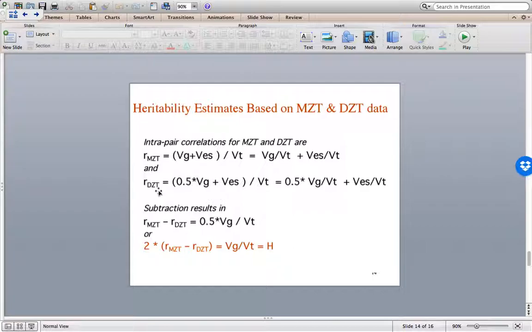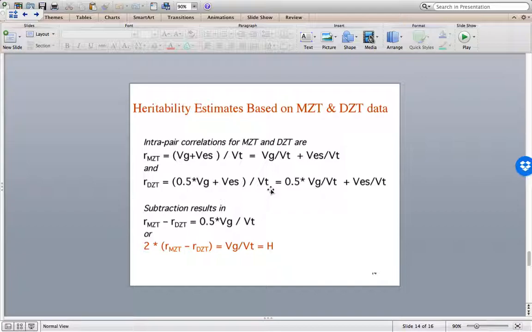The only difference is that the genotypic variance is multiplied by 0.5. And that represents the fact that fraternal twins share 50% of their DNA with each other instead of the 100% of the DNA that monozygotic twins share. Thus we have r sub DZ equals 0.5 times the genotypic variance plus the shared environmental variance over the total phenotypic variance.